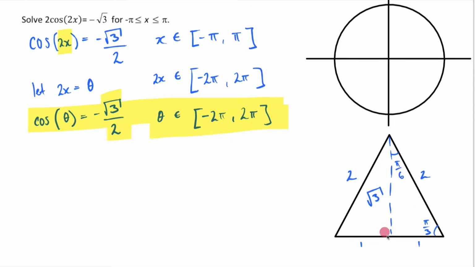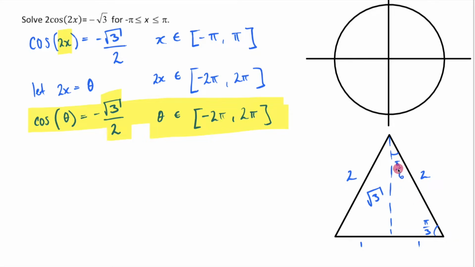So now looking at this triangle here, the one that we've cut in half, can we figure out for what value of cos is going to give me a value of the square root of 3 on 2? Let's ignore the negative for the time being. So if I was to go cos of pi on 3, and remember it's going to be adjacent on hypotenuse, so that's going to give me 1 over 2, so that's not any good.